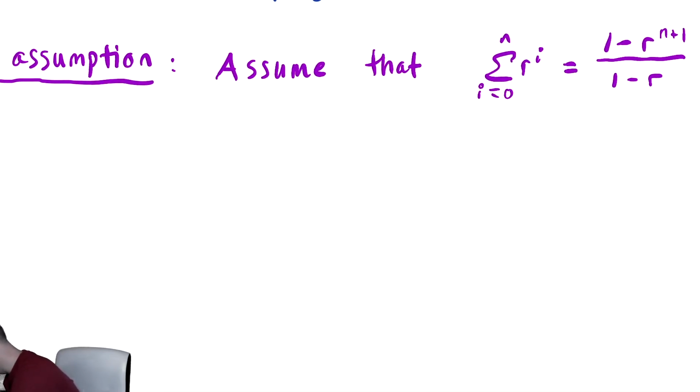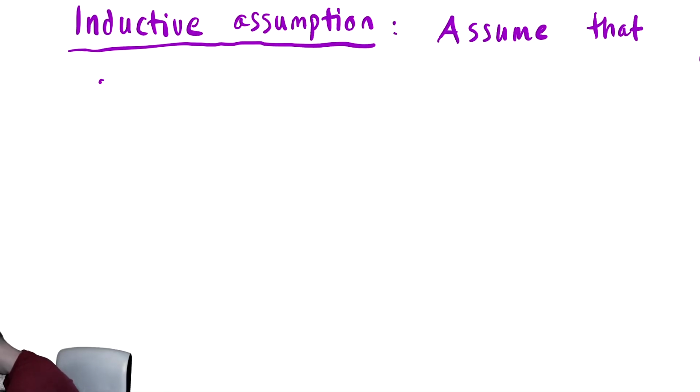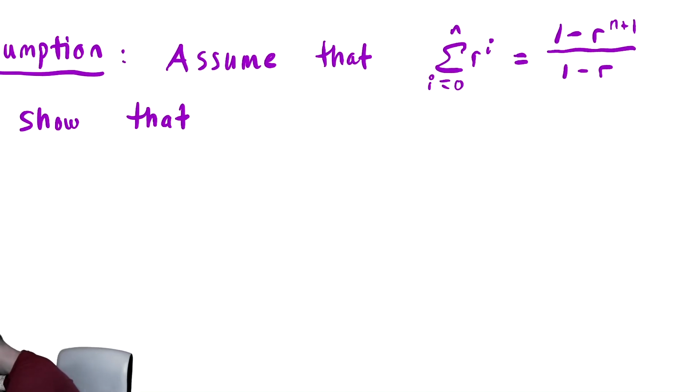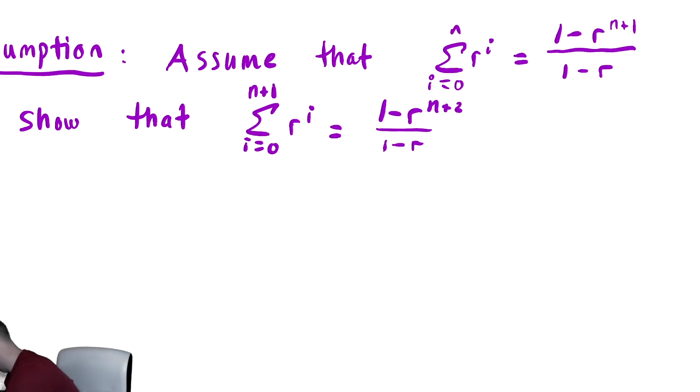Then we want to show that that holds for n plus 1. So we want to show that that same formula, the sum from i equals 0 to n plus 1 of r to the i is equal to 1 minus r to the n plus 1, that's n plus 2, divided by 1 minus r.